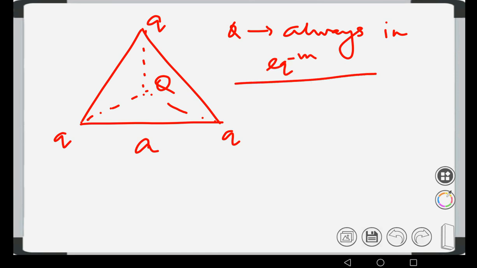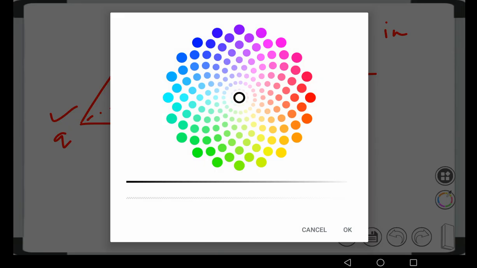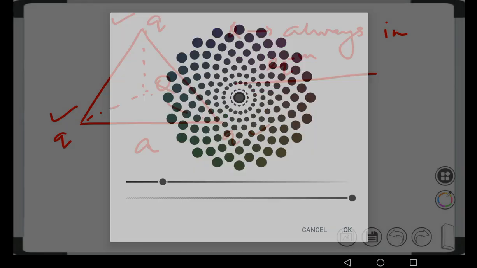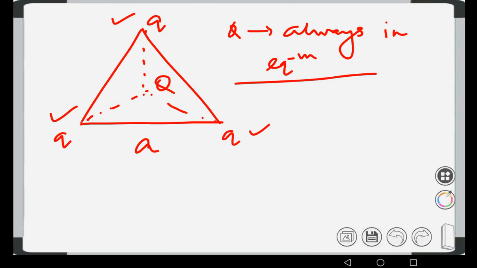So now we have to establish only the equilibrium of small q, and since all the small q's are identical with respect to capital Q, we have to establish only the equilibrium of any one of the small q's. So let us choose this small q and establish its equilibrium.